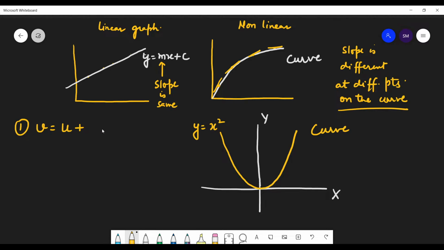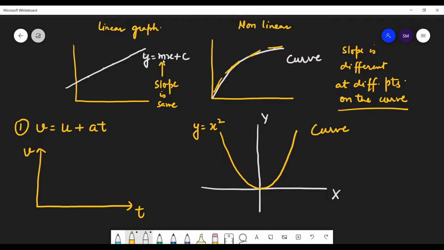So what will you get if you draw a graph of velocity versus time? Can you tell me, will you get a line or a curve? Will you get a linear graph or a non-linear graph in this case? Can you tell me? Linear graph. Linear. Okay, good.